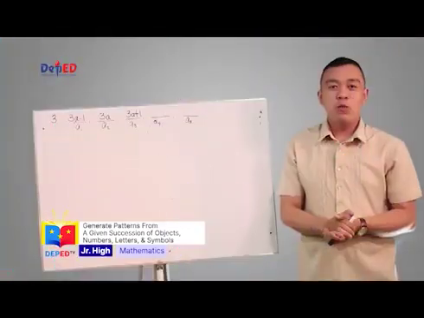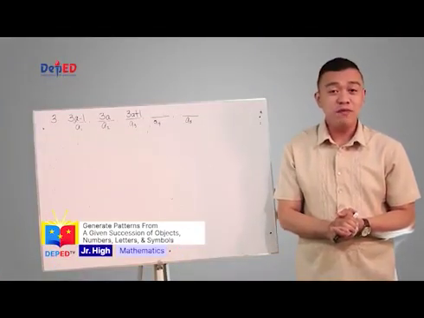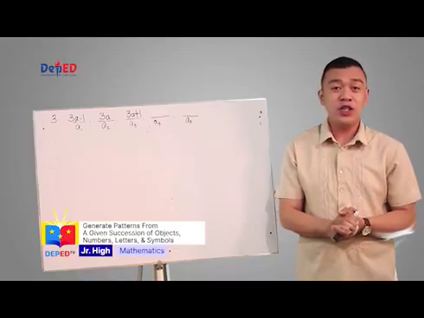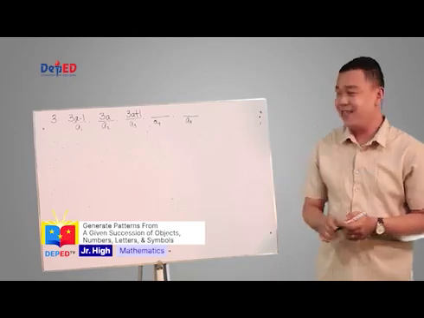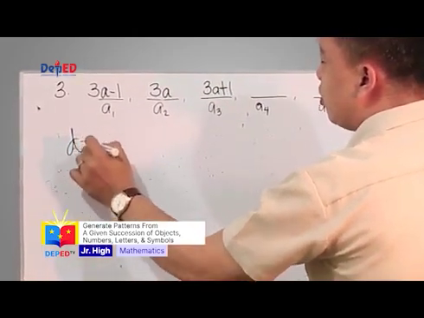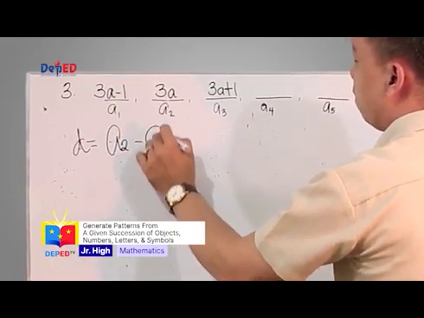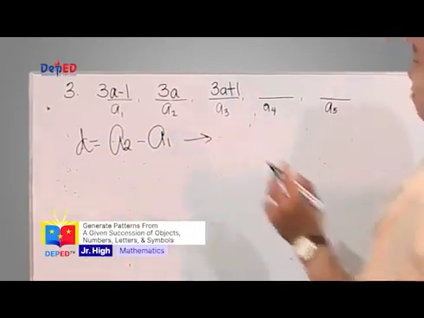Let's take it one by one. We must remember that in an arithmetic sequence, the common difference, d, is a term minus the preceding term. Thus, the difference is equal to a sub 2 minus a sub 1.